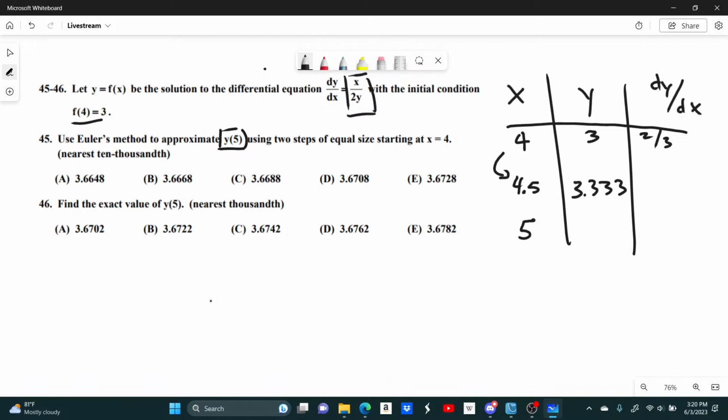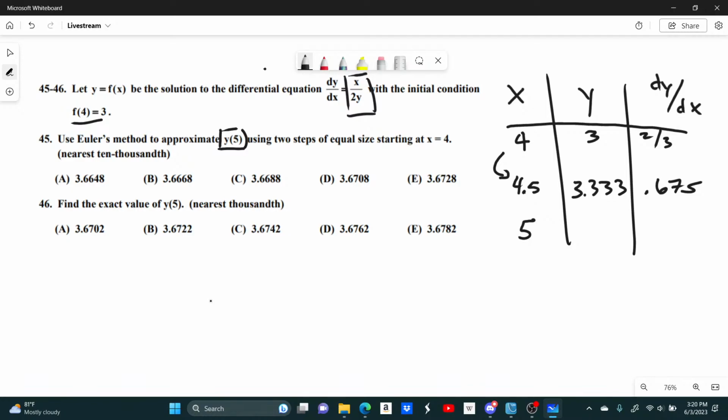Okay, now let's see what my dy/dx is right here. It's going to be x, which is 4.5, over 2 times y, which is 3.333. So my dy/dx right here is 0.675.